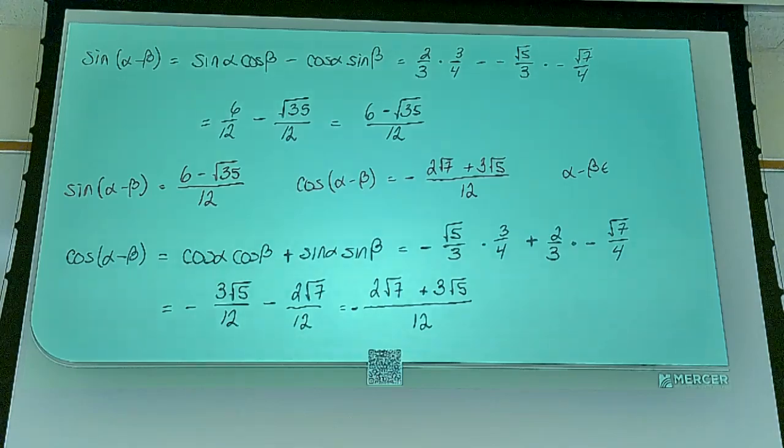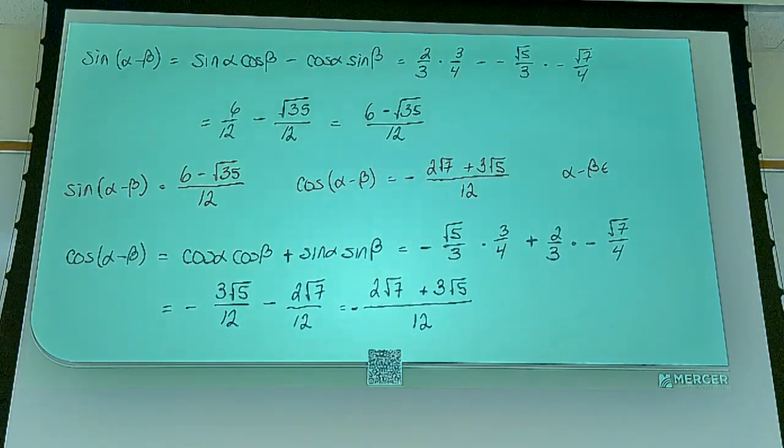So let's look at where this is going to put alpha minus beta. 6 minus root 35. Is that going to be positive or negative? It's positive. 6, isn't that root 36? 36 is larger than 35. That makes sine positive.